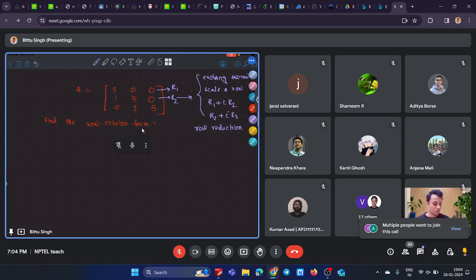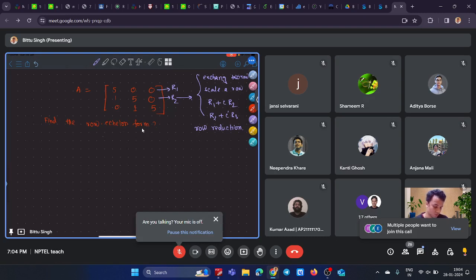Okay. So here we need to reduce the matrix. The way is to reach row echelon form. For this matrix, the first non-zero entry of a row should be 1. How will you get 1 for A?